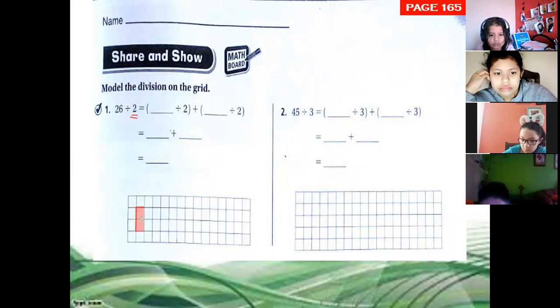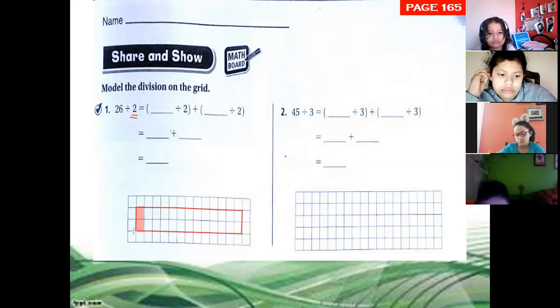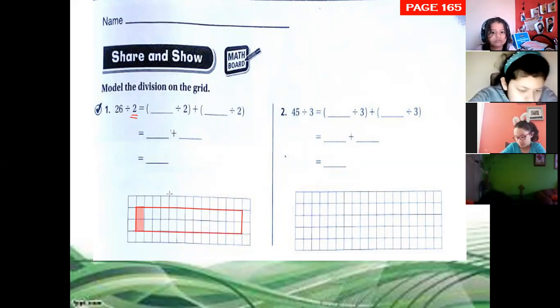We have to count on to 26. 4, 6, 8, 10, 12, 14, 16, 18, 20, 22, 24, 26. Okay, so now I close the rectangle, because I know that inside this model, I have 26.